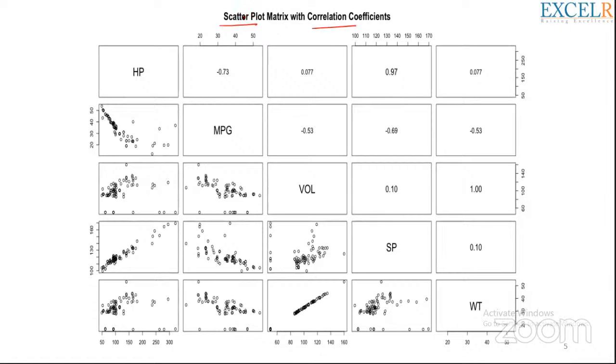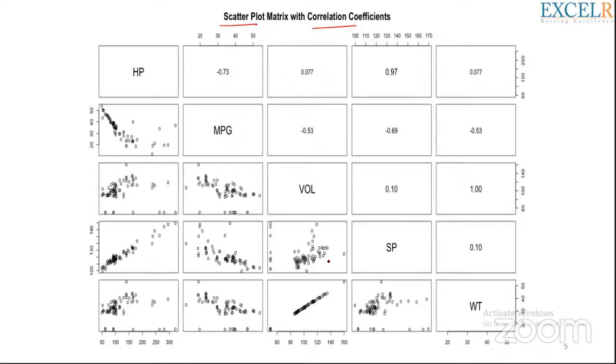The scatter plot gives us a visual representation of what kind of association the variables share, and the correlation coefficient gives us the strength of association, that is, how strong the relationship is between the two variables.